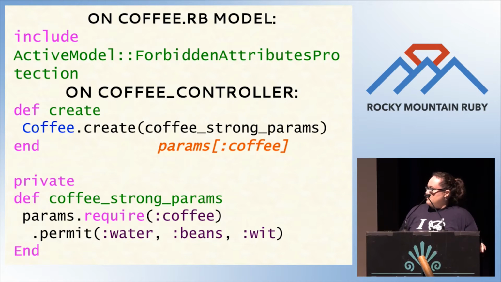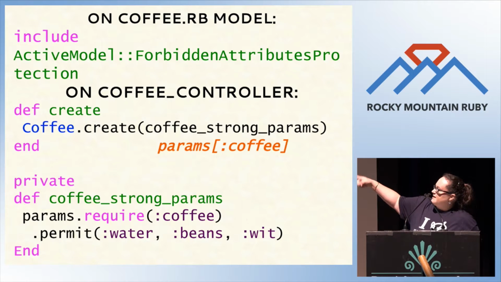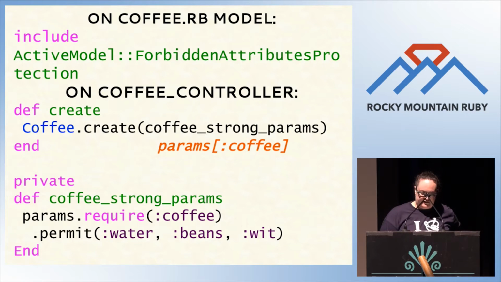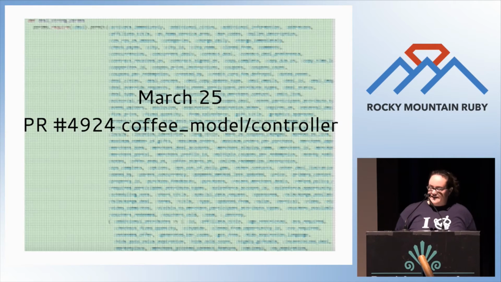It's basically params.require, your model in parentheses, .permit, and whatever attributes you would like to be able to pass in. And the idea of strong parameters is so that people can't inject inappropriate things when they're using your application. And then usually, again, very basic, in your create or update method, you would replace params model in brackets with your new method. So that's just a quick overview in case you haven't done that before.